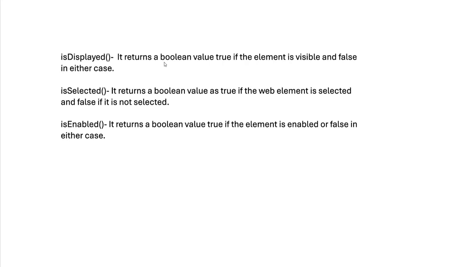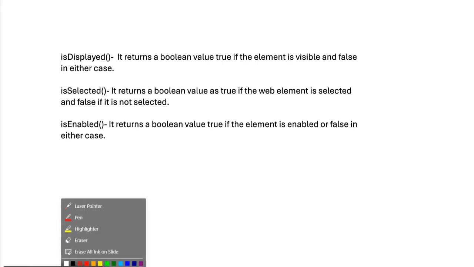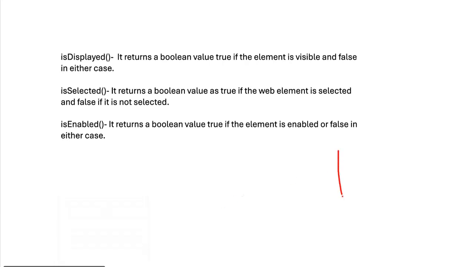isEnabled is used when, suppose on a web page, you have a submit button. If I can draw quickly, say there is a form and here we have certain details, and then the submit button. But the condition here is that upon filling all the details, this submit button gets enabled. Otherwise, it will be disabled. So that is when the isEnabled method comes into the picture.